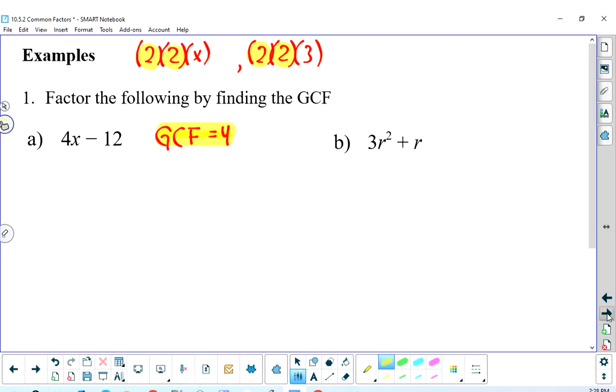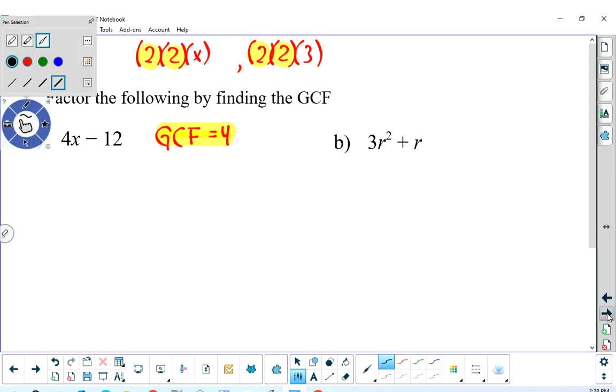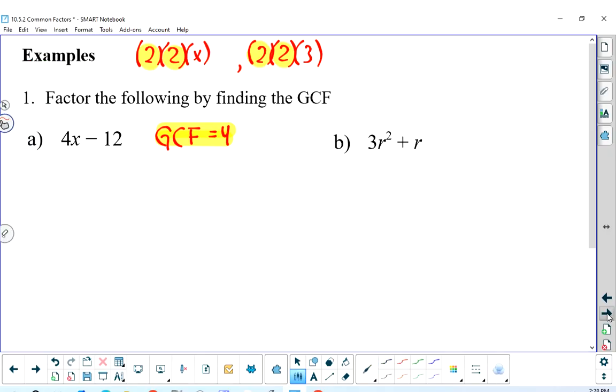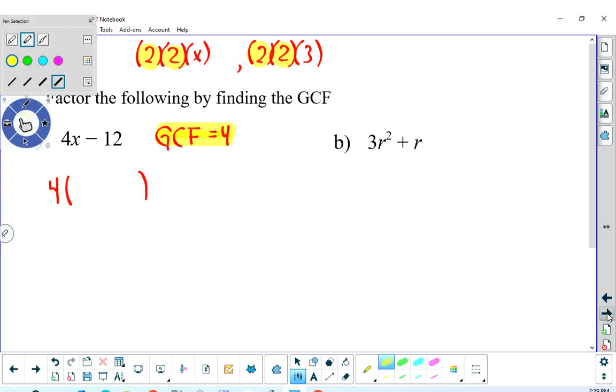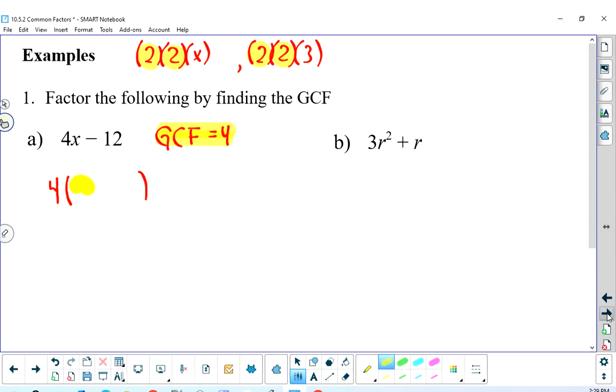So what does this mean in terms of factoring? It means that you can write 4x minus 12 as 4 multiplied by something, because 4 is a factor. Now, what would we multiply 4 by to get 4x? So this is my thinking here. I want to do some highlighting to get you to follow along with my thinking. What would we put here in the yellow highlight so that when we multiplied it by the 4, we'd get 4x?